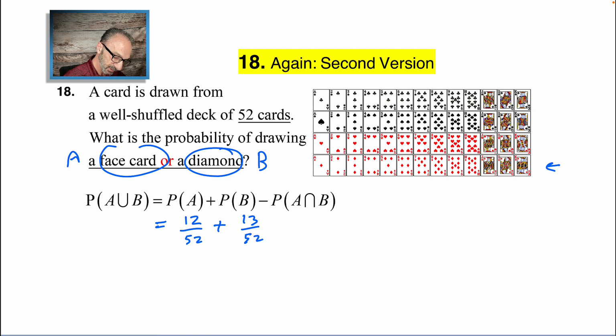The intersection is happening right here between the two sets of cards. That's the first set, and that's the second set.